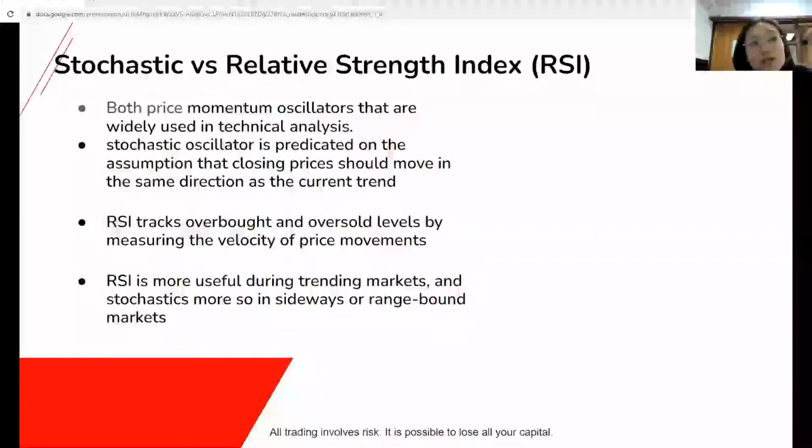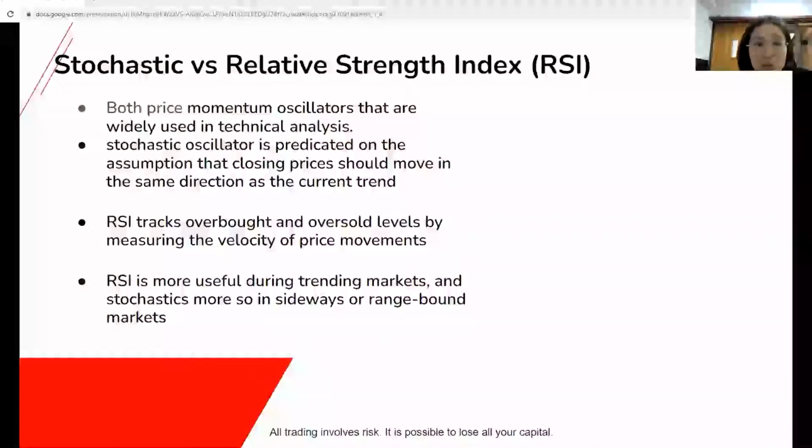Meanwhile, the RSI tracks the overbought and oversold levels by measuring the velocity of price movements. In other words, the RSI was designed to measure the speed of price movements, while the stochastic oscillator formula works best in consistent trading ranges.